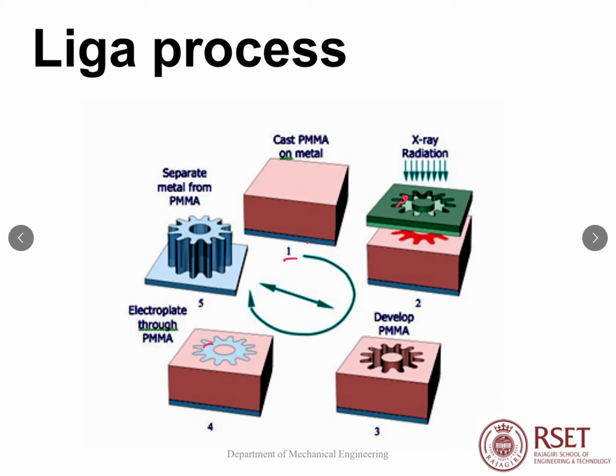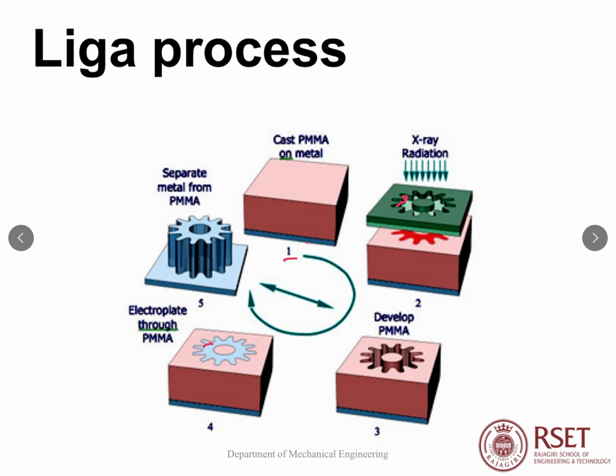So this is the LIGA process. First we cast PMMA on the metal surface. Then we mask it, covering it to the required shape, and supply X-ray radiation. The X-rays get masked by the mask and are allowed to fall only on the required region.